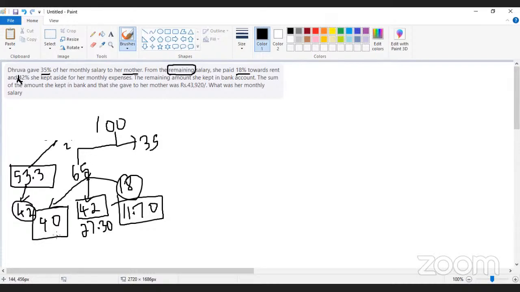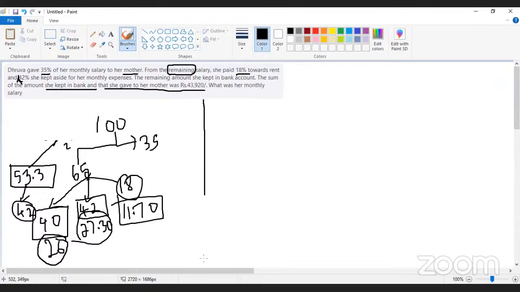Okay, that's fine. 26, 27.30 and 11.70 done. So now the sum of the money she kept in the bank and that she gave to her mother is 42.90.